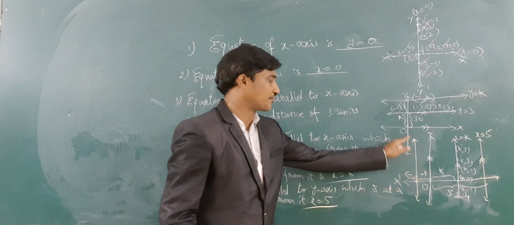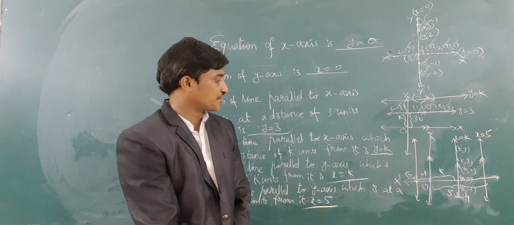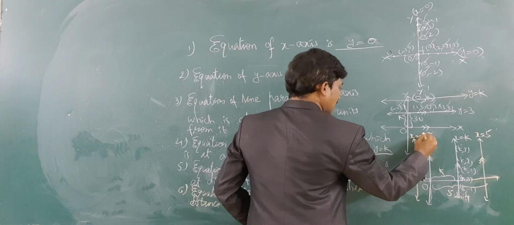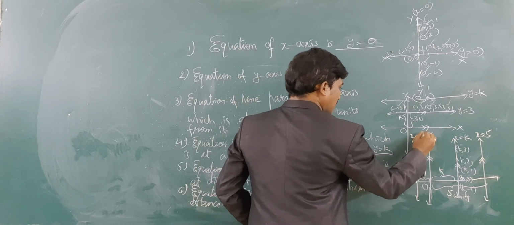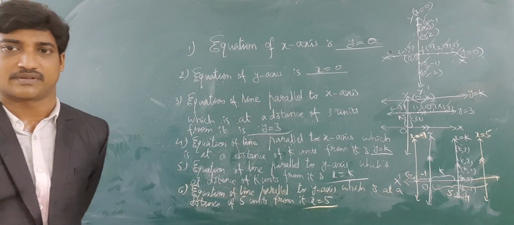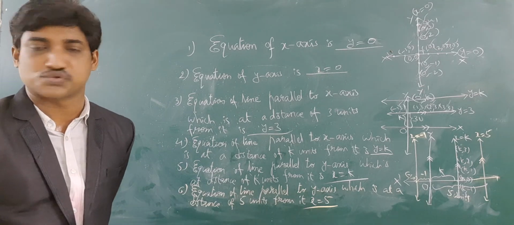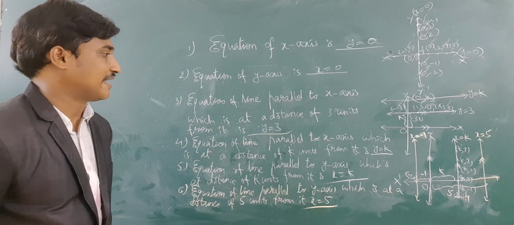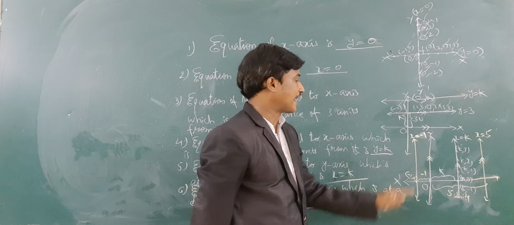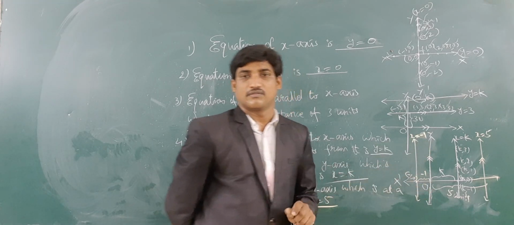For every point on this line, the x-coordinate is -1, so x is equal to -1. Line x is equal to -1 is parallel to y-axis, and line x is equal to -1 intersects x-axis at the point (-1, 0). Line x is equal to -1 doesn't intersect y-axis.